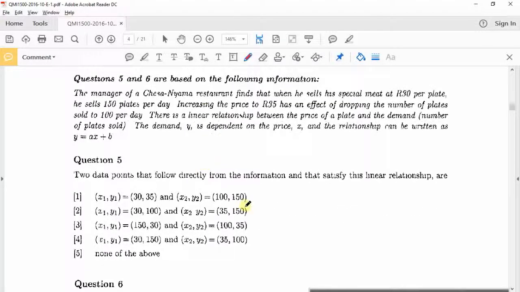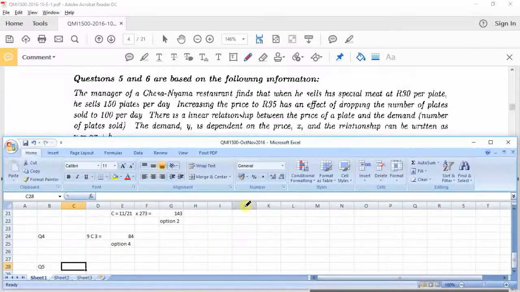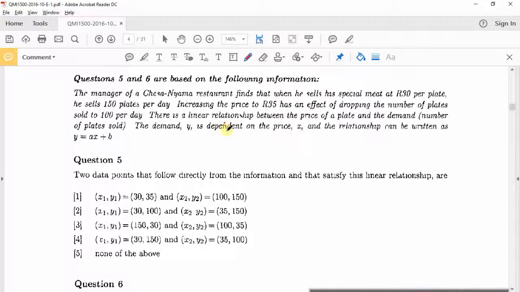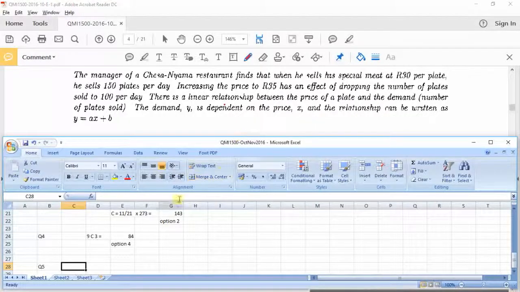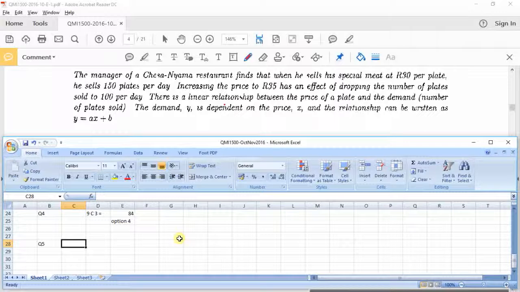Alright, questions 5 and 6 relate to this information. The manager finds that when he sells his special meat at 30 per plate, he sells 150 plates per day.